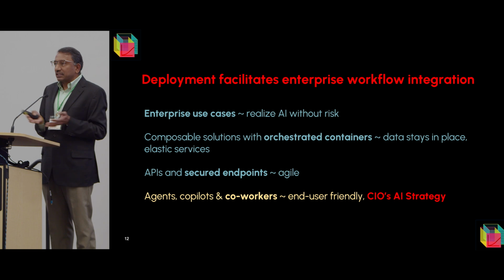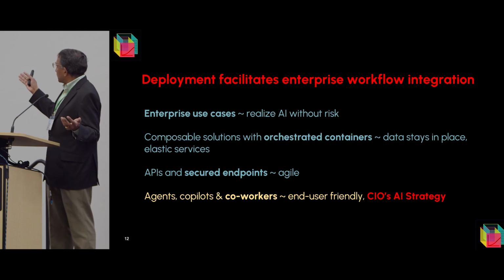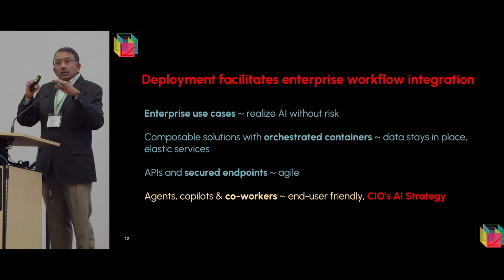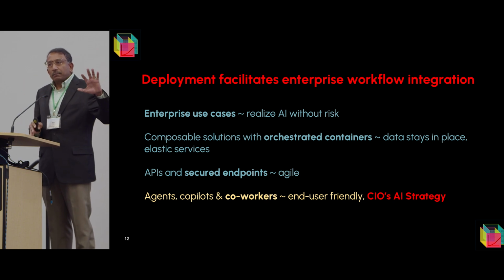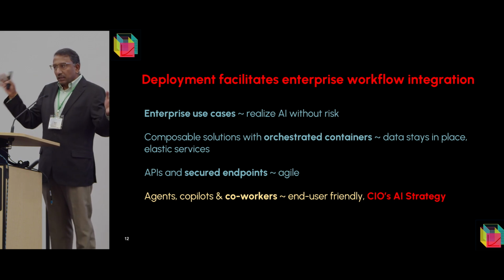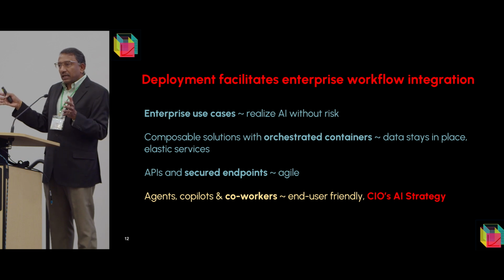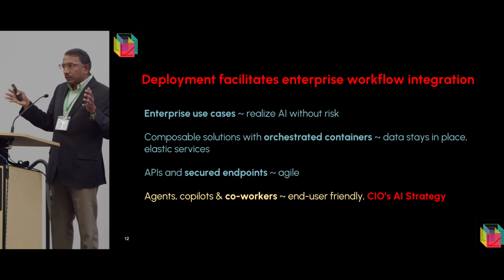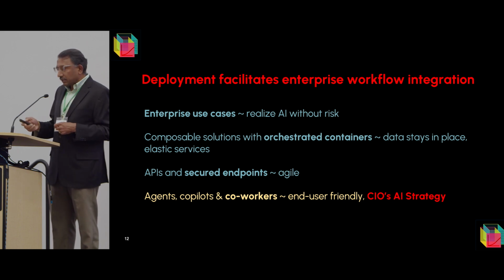So containers facilitate that. In addition to that, you need APIs and security endpoints for agility. So we covered the AI aspects, the technology aspects. Now the remaining aspect is how can a CIO take these frameworks and devise a strategy that works for an organization? And that's where Ravi is going to talk next.